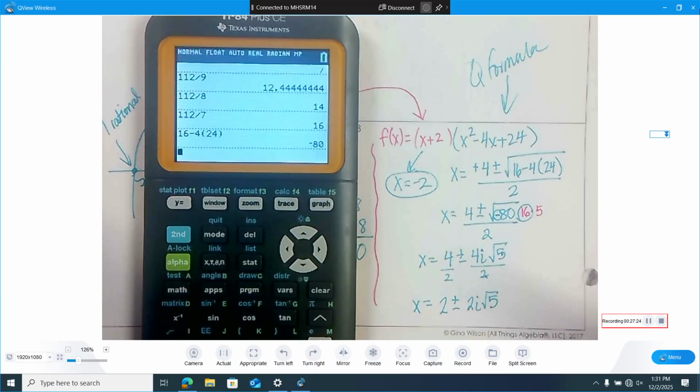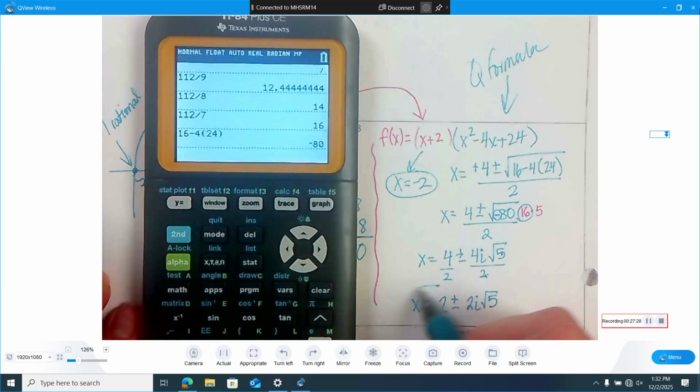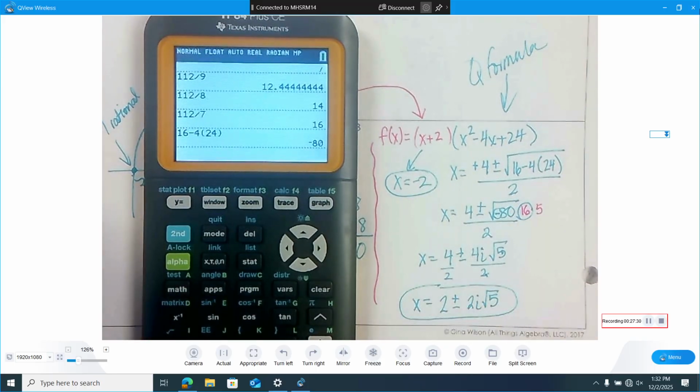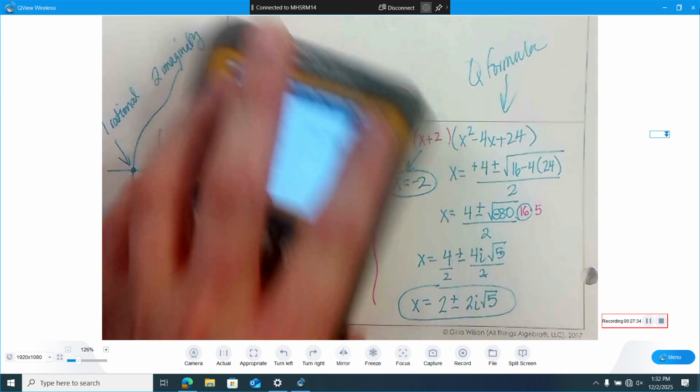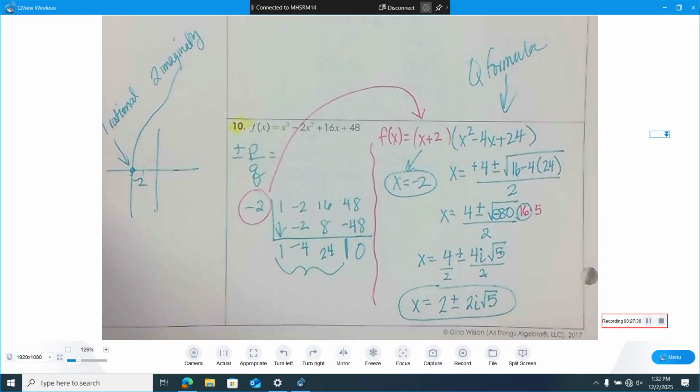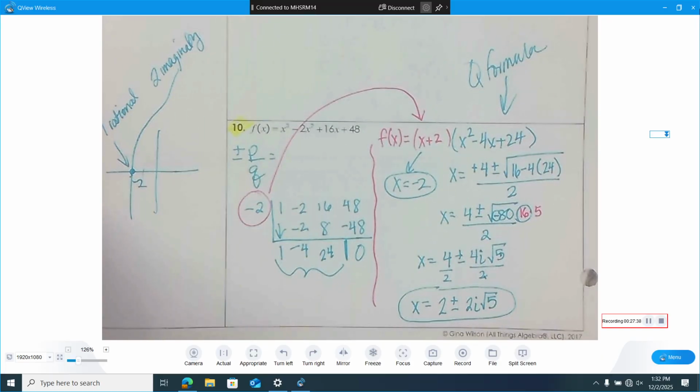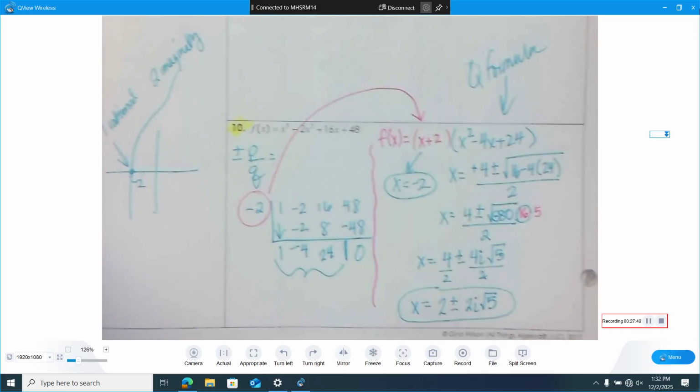So that's really nice about it. Okay. Yep. So these are our 2 imaginary solutions. 2 imaginary, 1 real. All right. So quadratic formula is definitely a possibility today. So be a little bit careful.